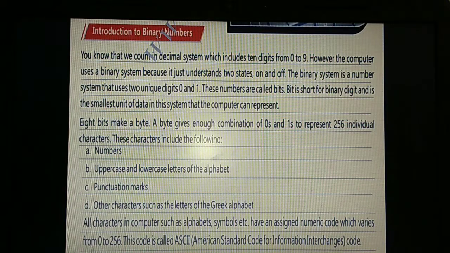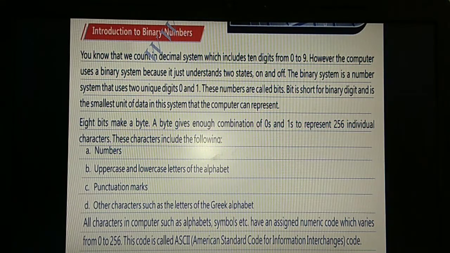Enough combinations of zeros and ones give you 256 characters, and these characters include numbers, uppercase or lowercase letters, punctuation marks, or other ASCII characters. This group of zeros and ones which represents 256 characters is called ASCII codes.